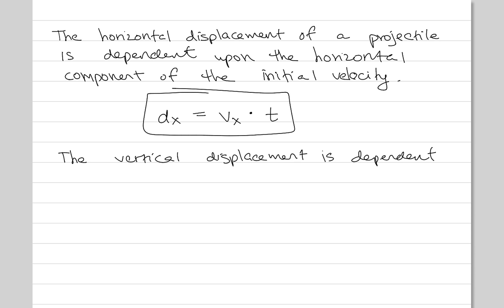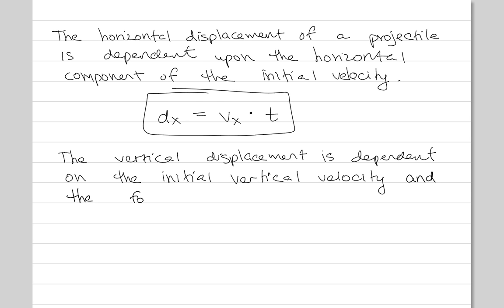The vertical displacement is going to be dependent on the initial vertical velocity, so the y component of the velocity vector. And there's also one other thing that it's dependent on, and that's of course the force due to gravity, which we are all aware of.